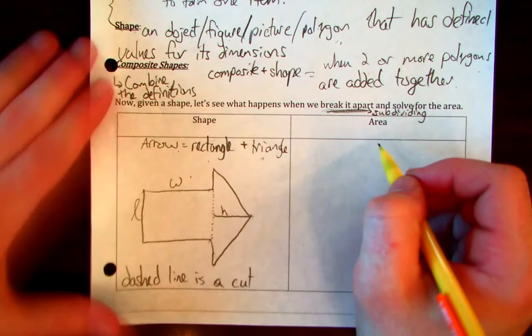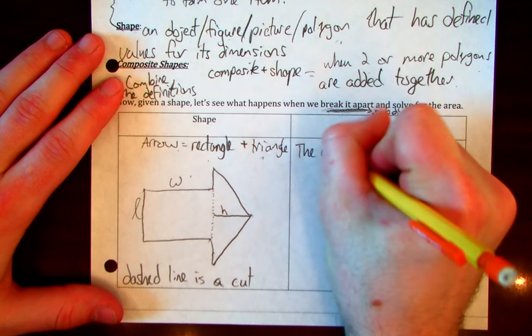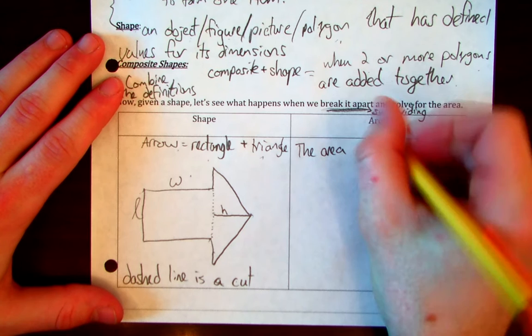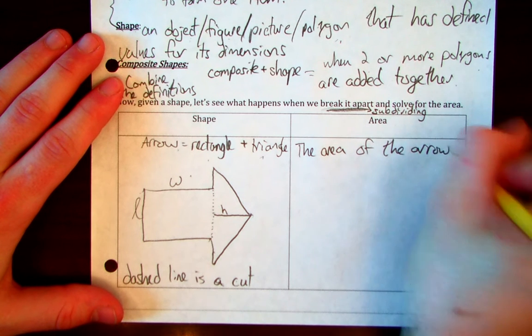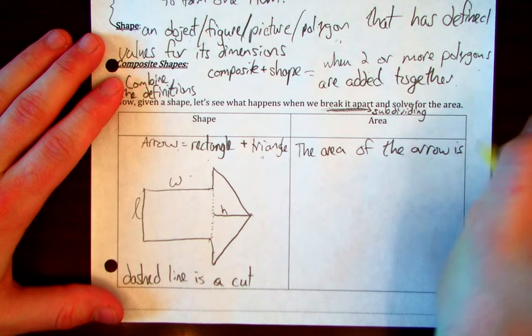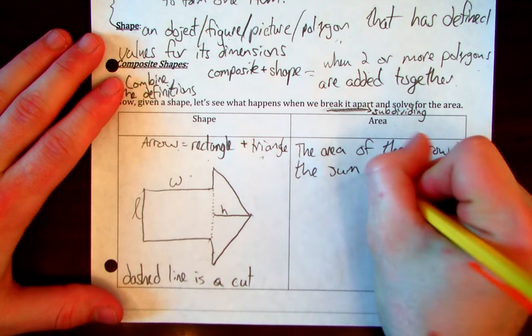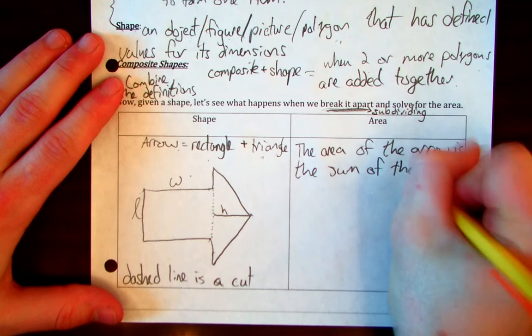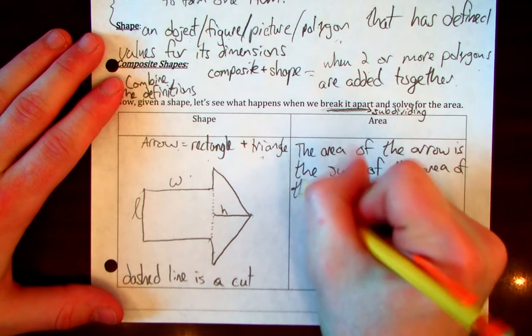And so, well, how would we find the area? Well, so we would have the area of the arrow is the sum of the area of the rectangle.